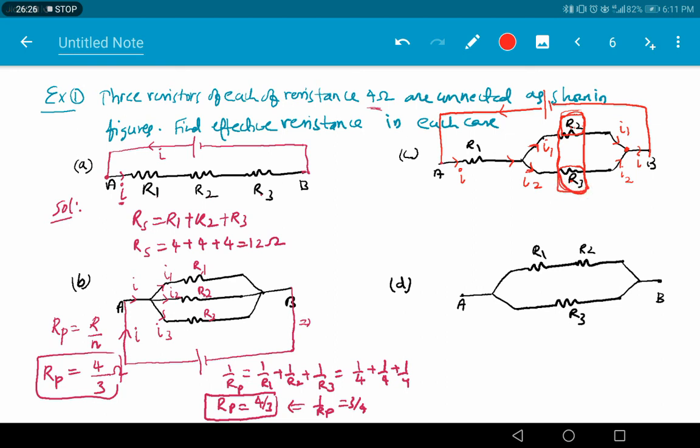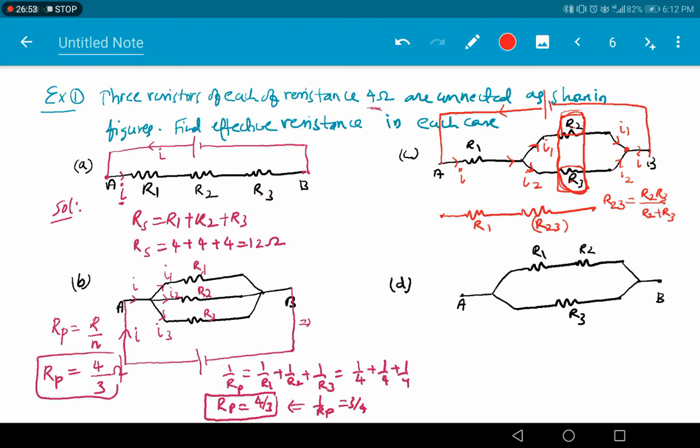So now we can redraw the circuit like this. This is R23 and this is R1. Understood? So now this R23 is a parallel combination. R23 we are going to write as R2 R3 by R2 plus R3.